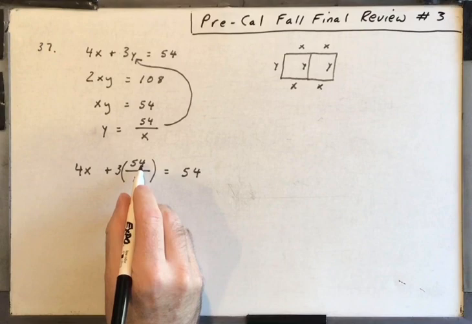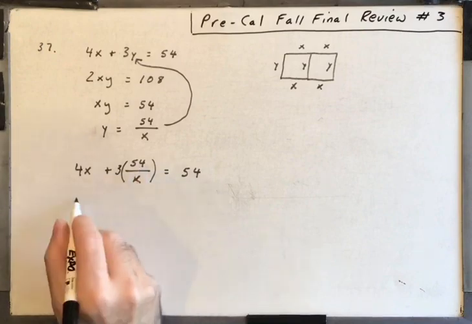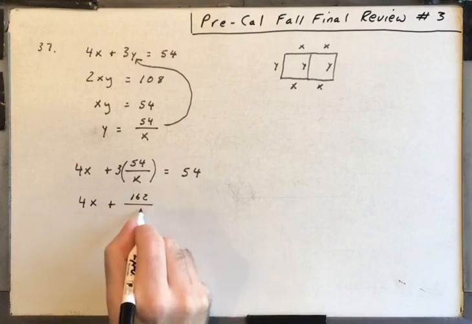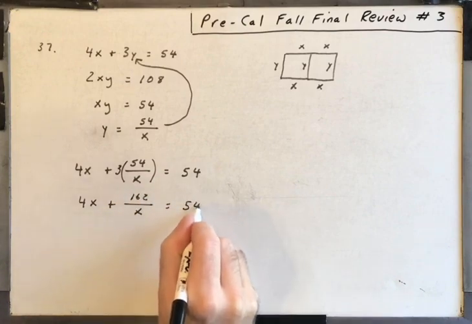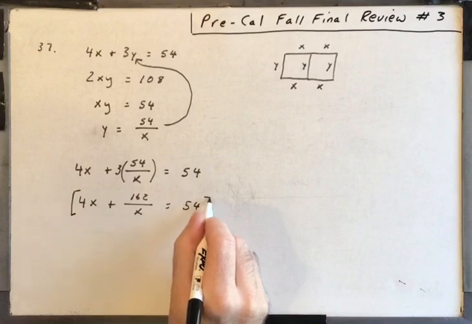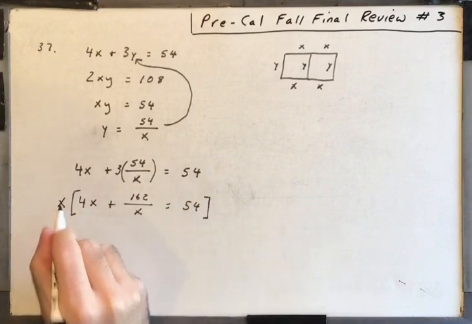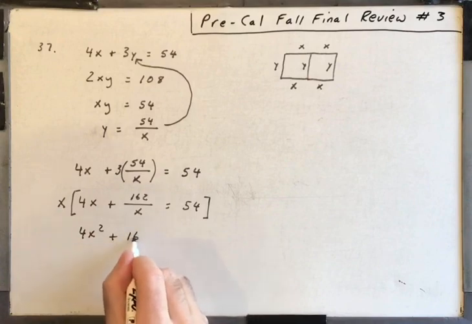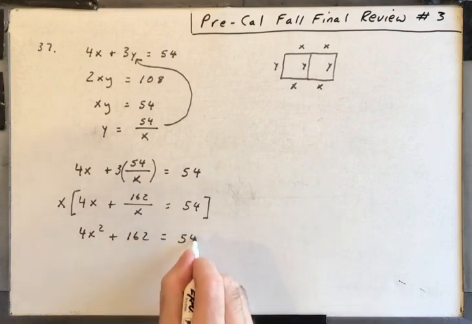Okay, so 3 times 54, 150, 162. So that'd be 4x plus 162 over x is equal to 54. And let's give that x the bye-bye on bottom. So that'd be 4x squared plus 162 is equal to 54x.